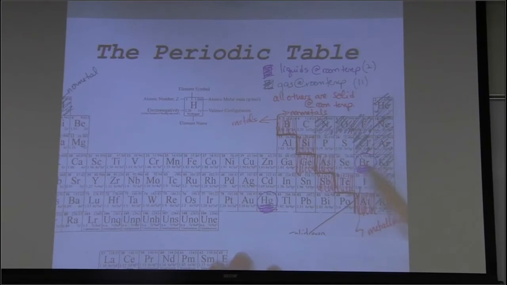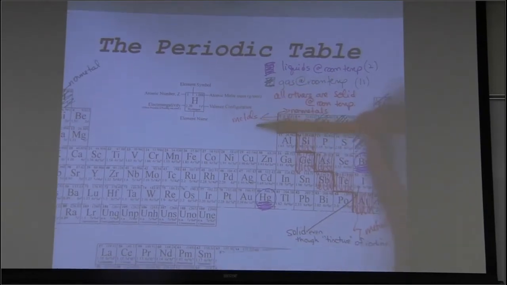And bromine's a liquid. So basically, from this point over, except for hydrogen and mercury, everybody else is what? A solid. So silicon is a solid. Why is it red? It's a metalloid. We're going to talk about metals, nonmetals, and metalloids, so this will make a little more sense today. But right now we're just labeling.